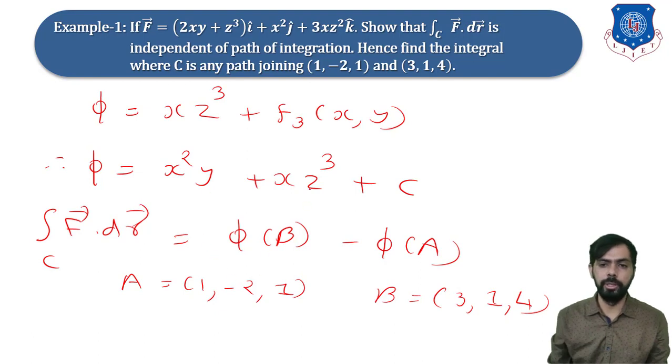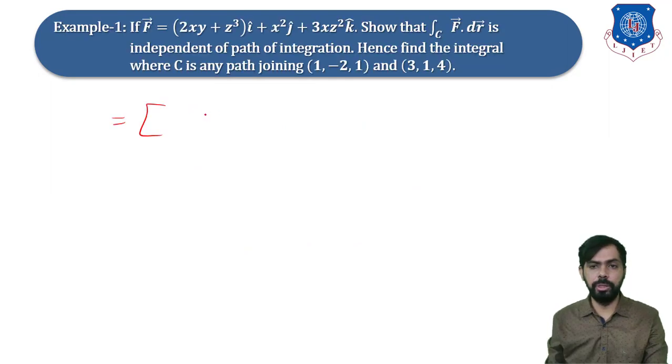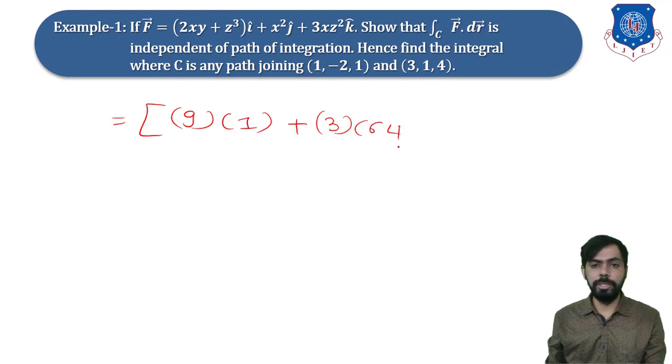This will be x square y, so 3 square is 9, y is 1, so 9 into 1, plus xz cube, where x is 3 and z cube is 4 cube, that is 64, so 3 into 64, plus c. This is phi b minus phi a.